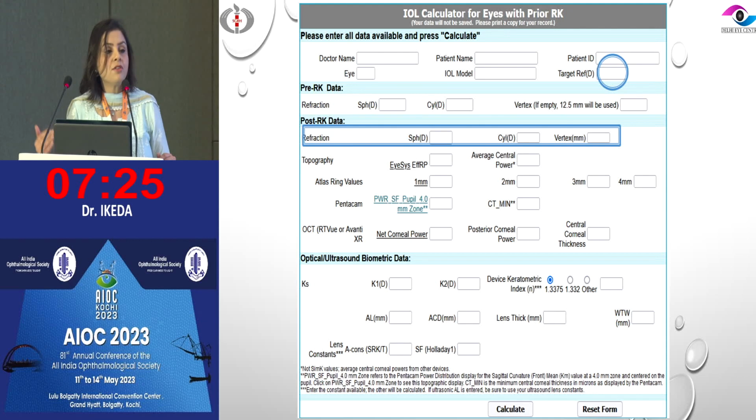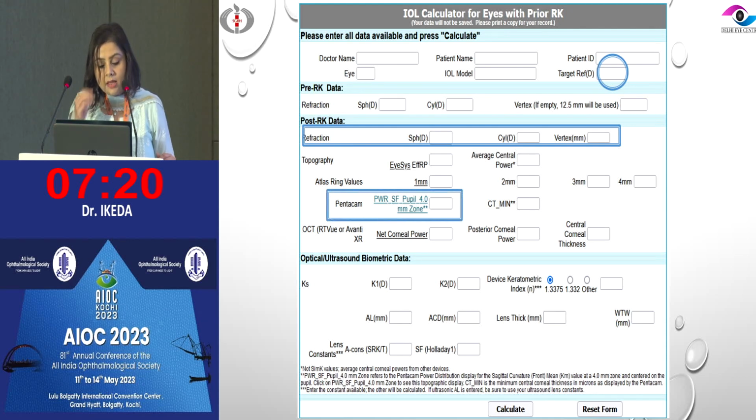So ideally, this refraction needs to be from before the patient has developed cataract. Then we need to fill in this value from the Pentacam. This is from the sagittal curvature map, the mean keratometry value at the 4 millimeter zone.